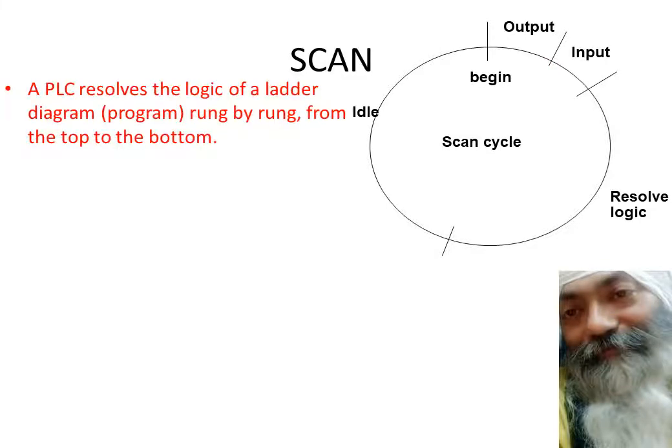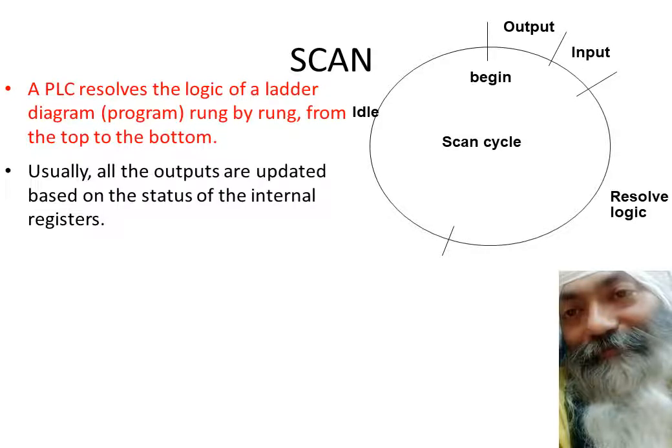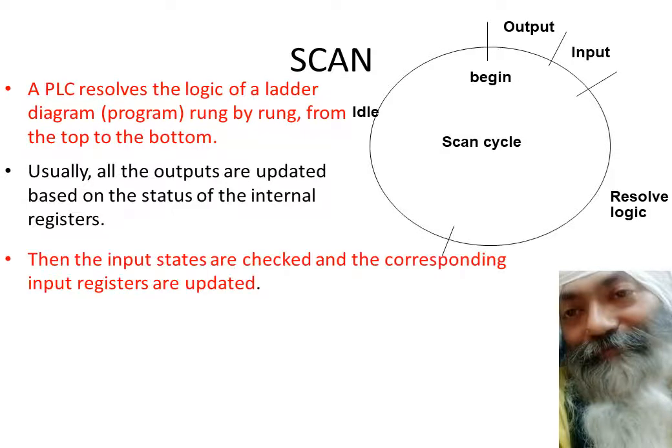As you can see, the program of the PLC runs rung by rung from top to bottom, as you have seen in the ladder diagram. Usually all the outputs are updated based on the status of the internal registers, and the inputs are checked corresponding to whatsoever input register is updated from the input field devices. We take the data from the field devices, it goes to the input table.